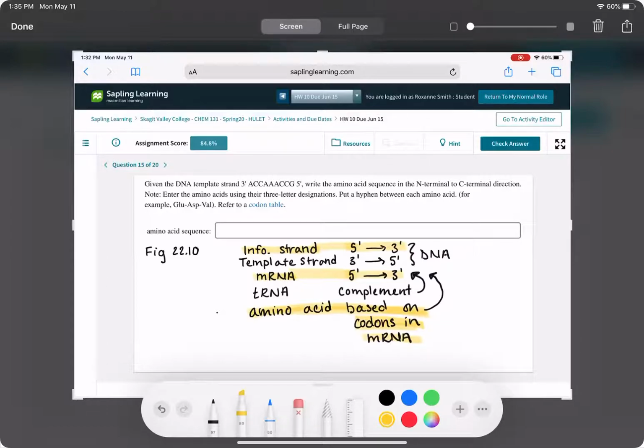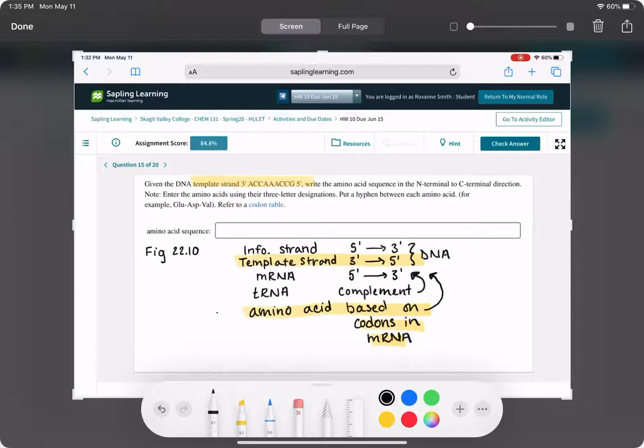So this question is asking us to write the amino acid sequence that is going to come from the template strand. That means we have to do a little bit of translating here. I'm going to erase some of this highlighting. In this particular problem, we're starting at the template strand, which means we're starting right here, and we're trying to get all the way down to the amino acid strand.